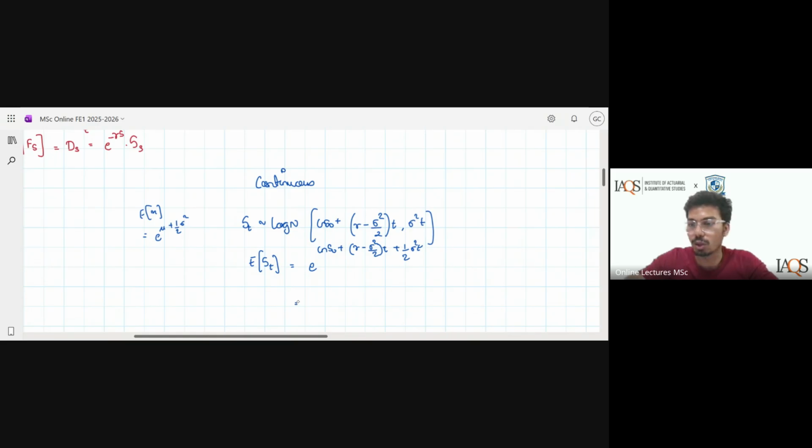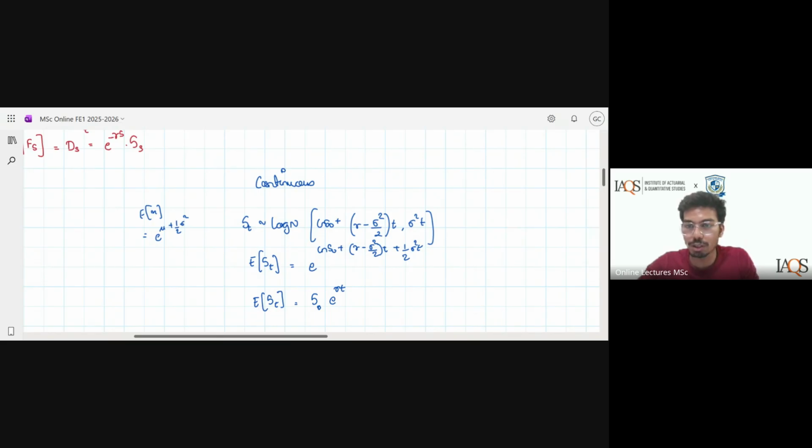e raised to ln S0. Can I say it is S0 into e raised to minus sigma squared by 2 times t plus sigma squared t by 2, which will get cancelled out. What am I left with? e raised to rT. We arrived at the same inference, that the underlying asset should grow at the risk-free rate of interest, and that is what I expect as well, because it's a risk-neutral probability.